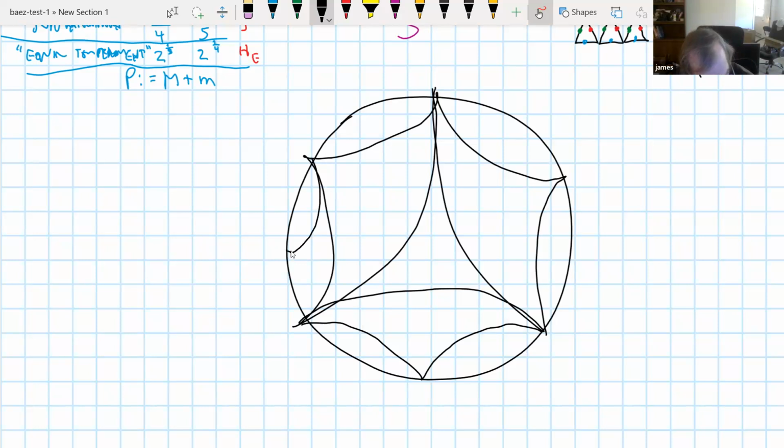But there's this thing right here. And again, there's multiple ways of thinking of this as a Coxeter group. There's all sorts of tricks going on here.